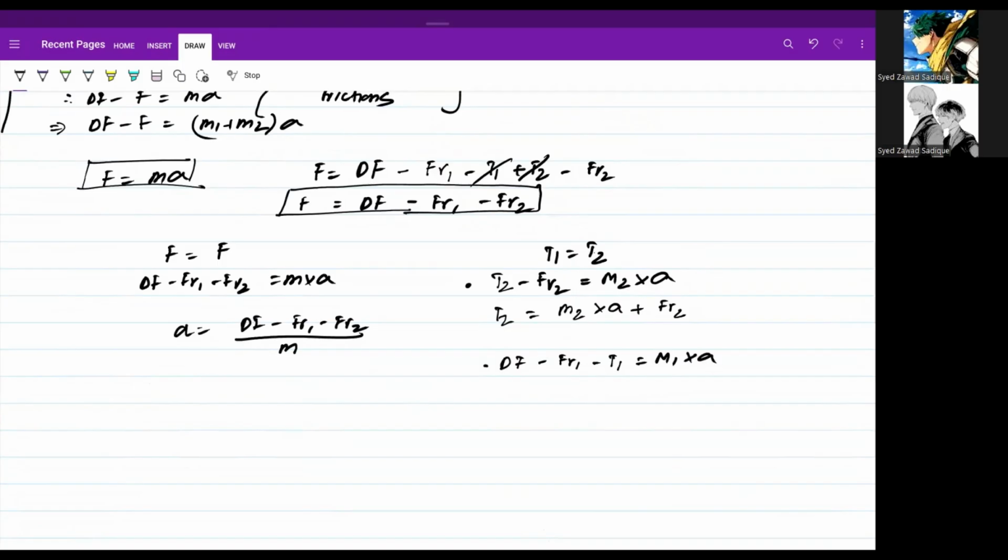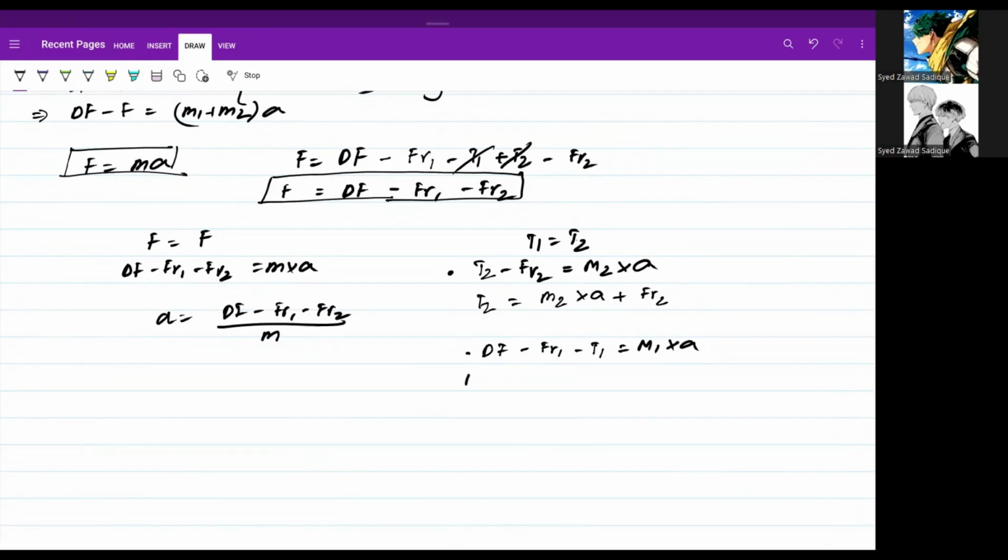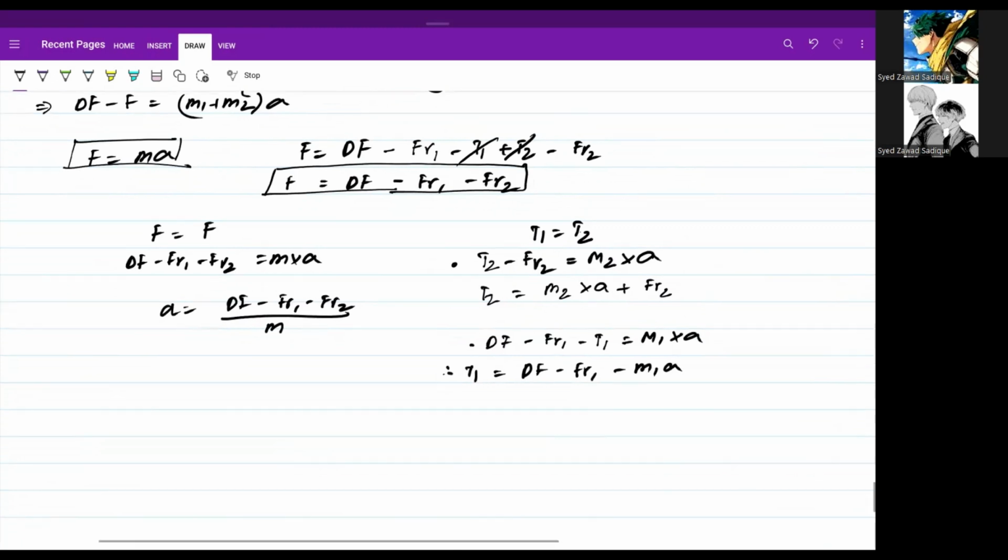Therefore, T1 is equal to dF minus FR1 minus M1A. That is the answer to all of this. I'd rather highlight it. Nice, there you go.